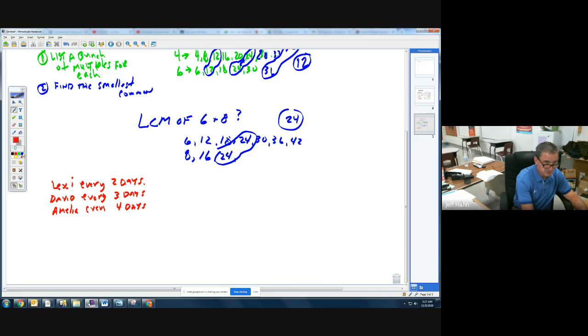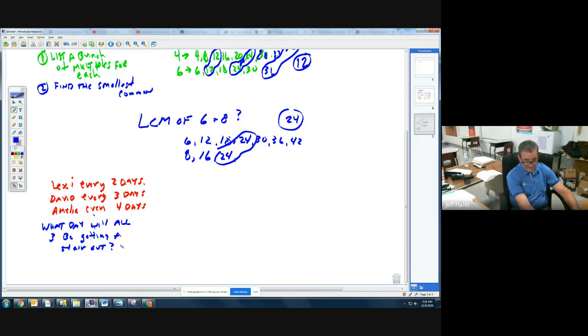And the question is, what day will they all three be getting their hair cut? The answer to that is the least common multiple of those days. Let me show you how that would work here.